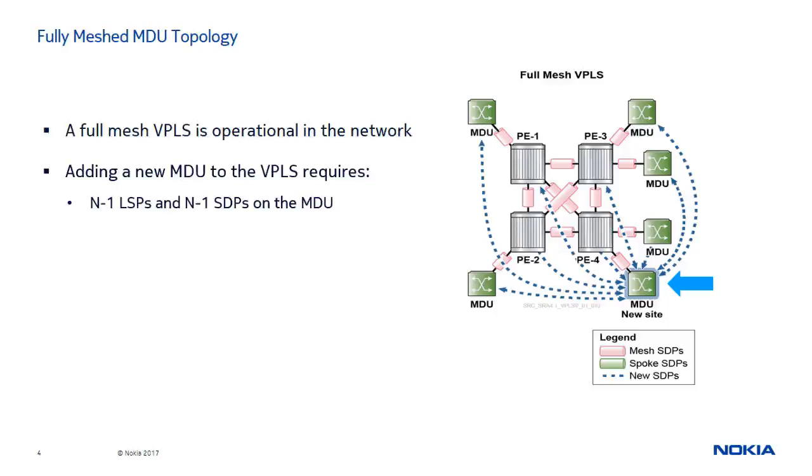In addition, the service provider must configure one LSP and one SDP towards the new MDU from every other participating PE and MDU in the network. This represents a large number of network touches and will occur whenever a new MDU is added to the network.